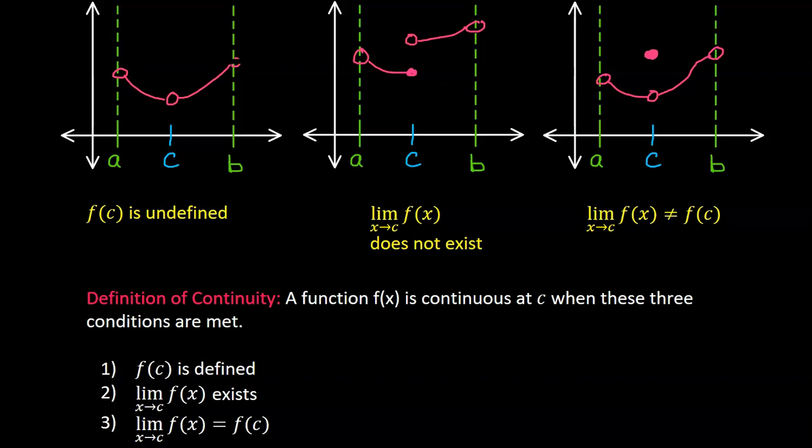Number two, the limit of f of x as x approaches c has to exist. That will help us avoid this type of break in the graph. And finally, number three, the limit of f of x as x approaches c has to equal the value of the function at c. And that will help us avoid the third type of interruption to the graph.